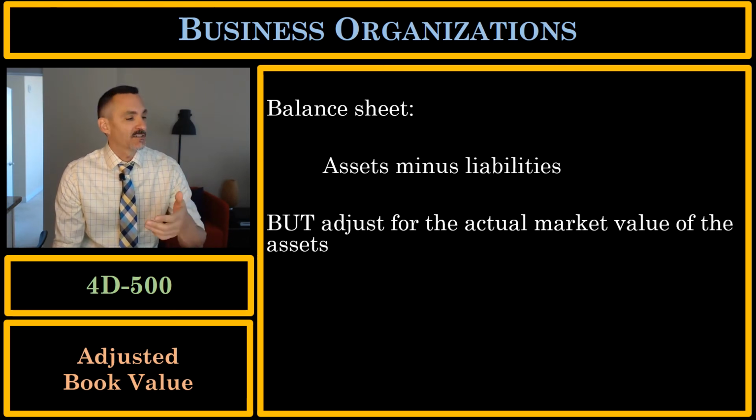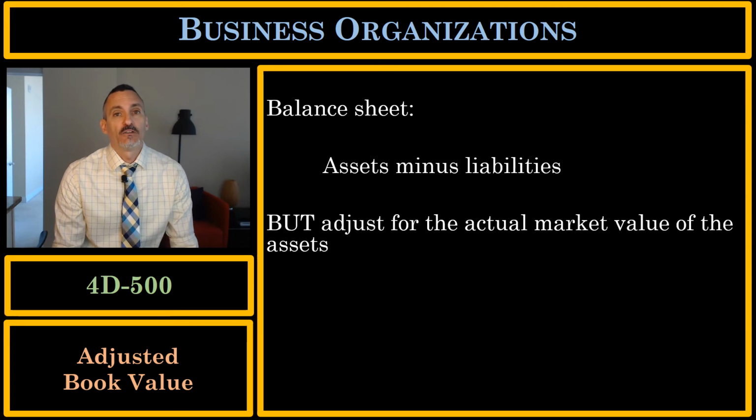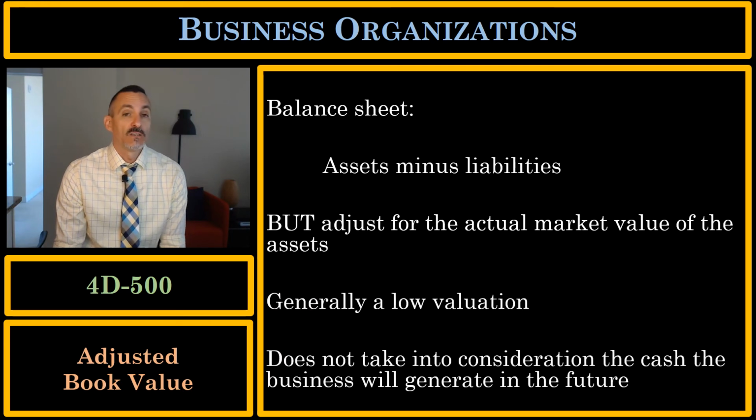So we'll do assets minus liabilities, with the adjusted book value, but we will adjust the asset value to reflect the actual market value of the asset, which might be either higher or lower than the book value of the asset. Once again, adjusted book value is a low valuation. Why? Because it also does not take into consideration the possible future cash flows the company will have over the next 2, 5, 10 years.